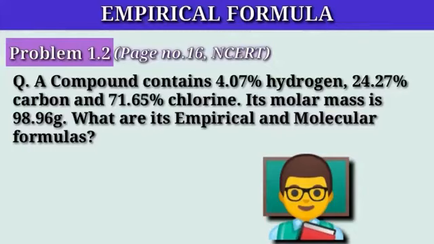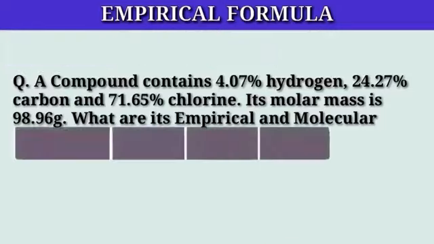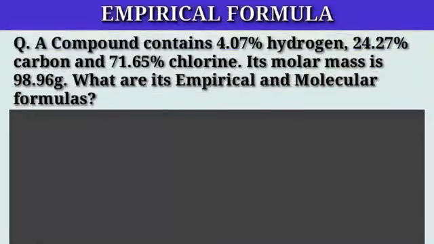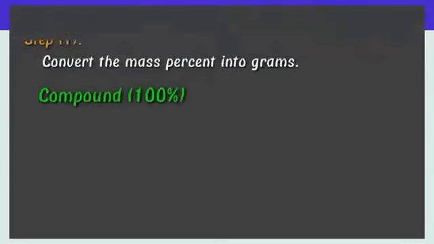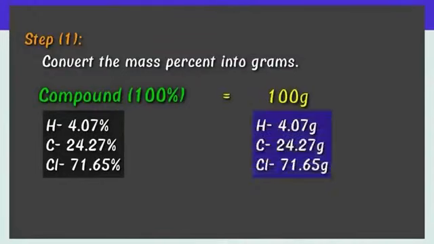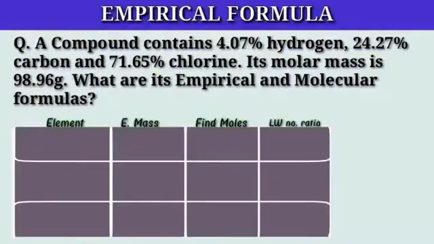So in step 1, if you convert the percentage to grams, you get the same computation, because we know that the compound will have a total percentage of 100, so you can equate this to 100 grams. Which means instead of writing percentages, you can also write them as grams.